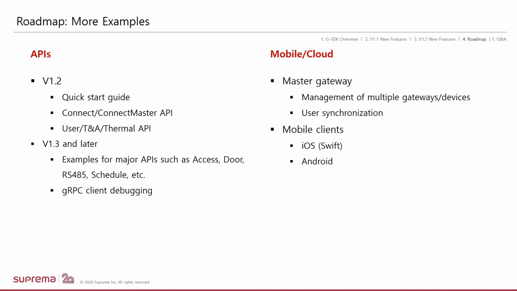And with that, we are also planning to provide some mobile clients in iOS and Android. In fact, this mobile cloud example is not yet fixed, but hopefully in the next version, we will provide an example of master gateway.